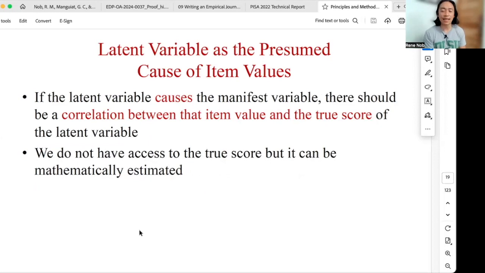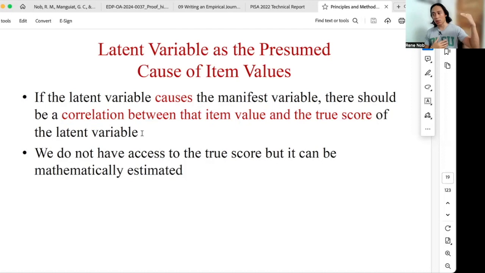And if that is the case, if the latent variable causes the manifest variable, then there should be a strong correlation between the item value and the true score of the latent variable.